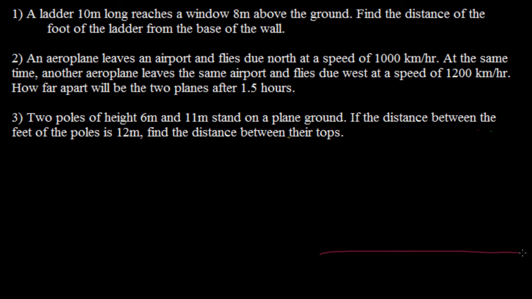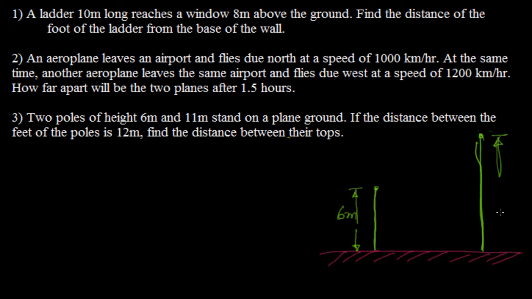There is a plain ground, so I'll say this is the plain ground. Okay, there are two poles, so let us take this one is 6 meter and another one is 11 meter. This height is 6 meter, we are aware of that, and this height is nothing but 11 meter.